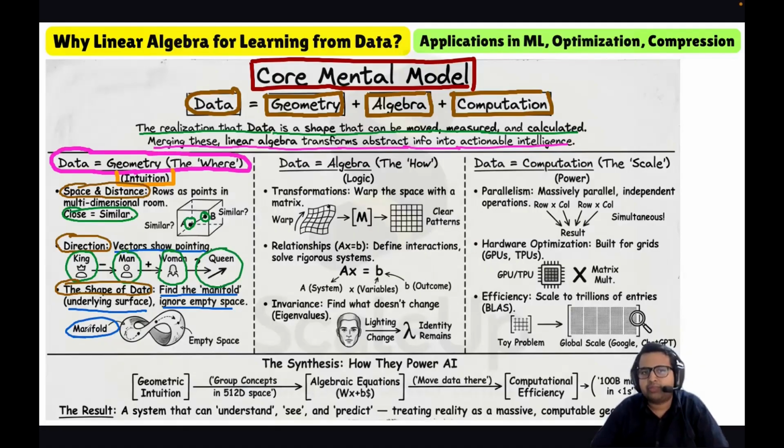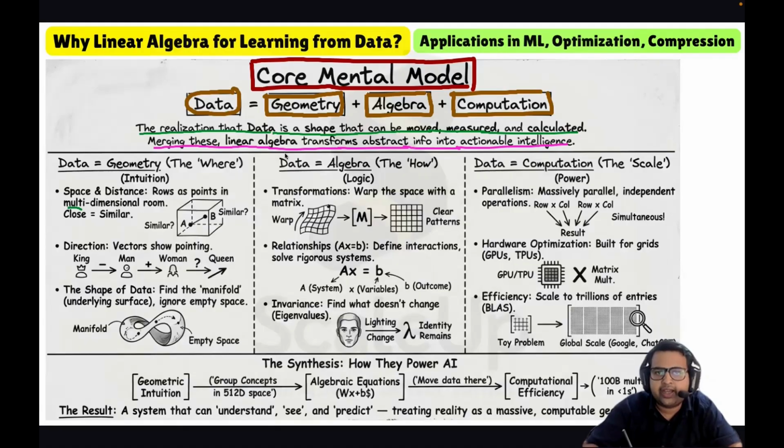In a multidimensional space, the distance between data points will give us an idea about whether two data points are similar. The directions, the vectors, will help us perform operations to head towards a vector which we are seeking. And with data geometry, we can focus on the manifold, the underlying surface where the data lives, ignoring the empty spaces and focusing on the patterns.